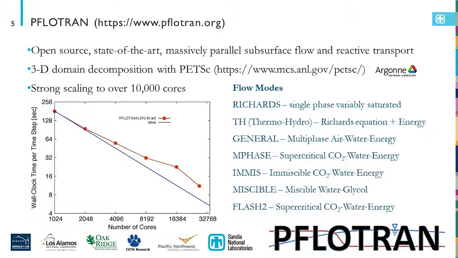We use TH, which is Richards equation plus energy, and general mode, which is full multi-phase air-water energy, in our generic disposal systems analysis work package, and some of these other modes are used for carbon sequestration. And, you know, I think it may not have made it on here, but there's also an oil and gas mode.